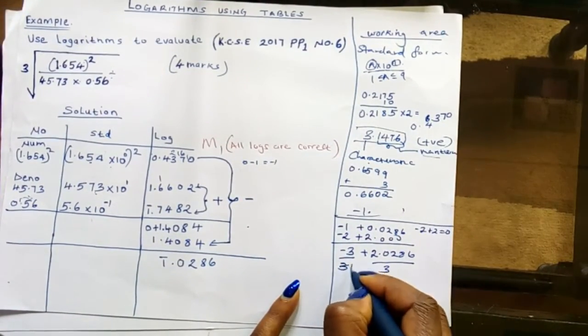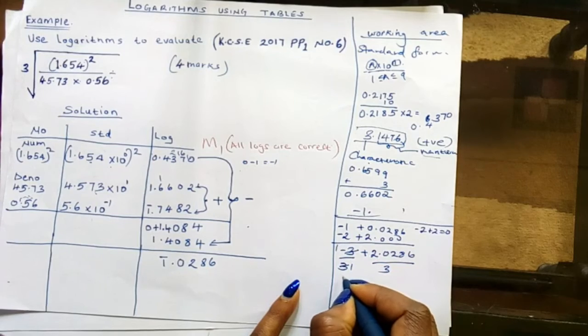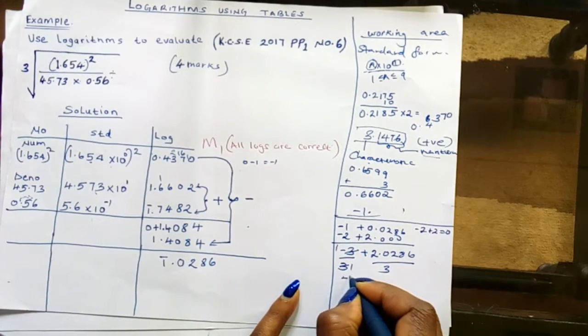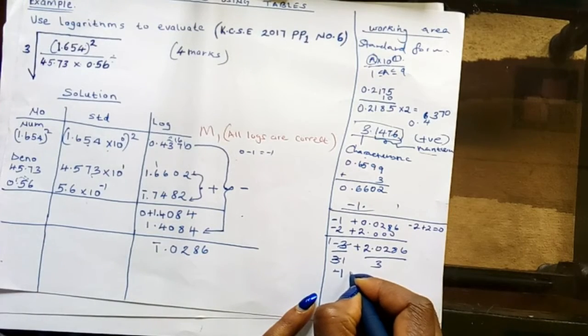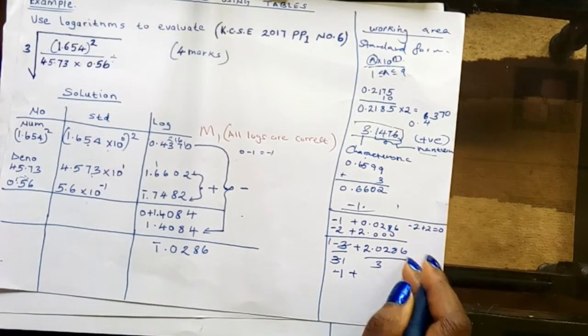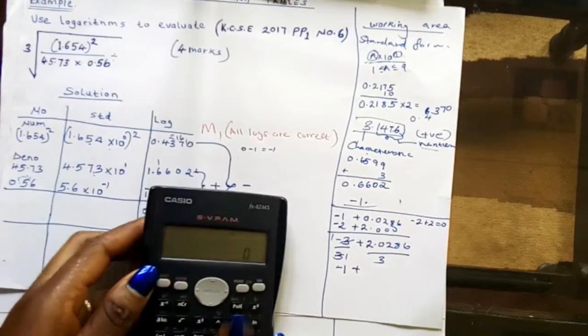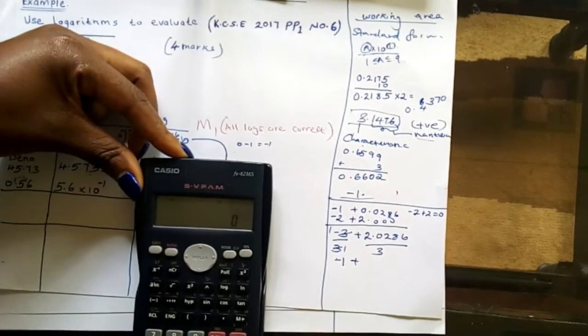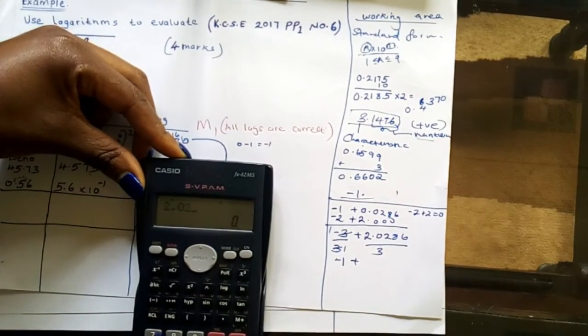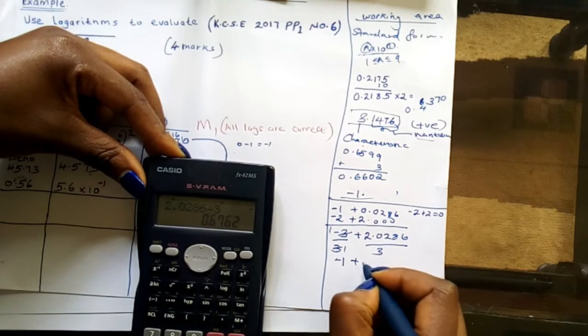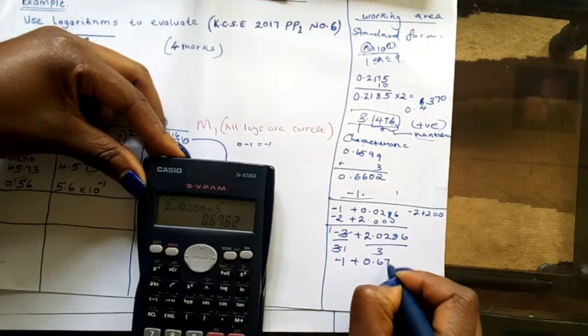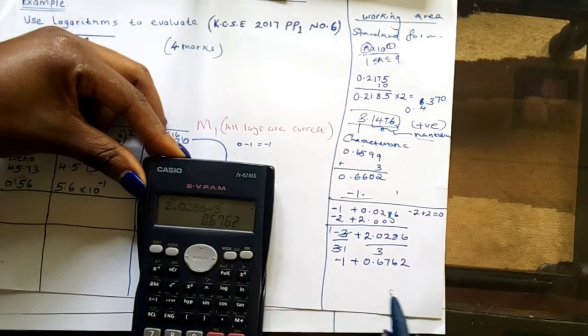When we divide -3 by 3 here, I shall get -1. And when I divide the mantissa by 3, I'm going to use the calculator. 2.0286 divided by 3, I shall have 0.6762.